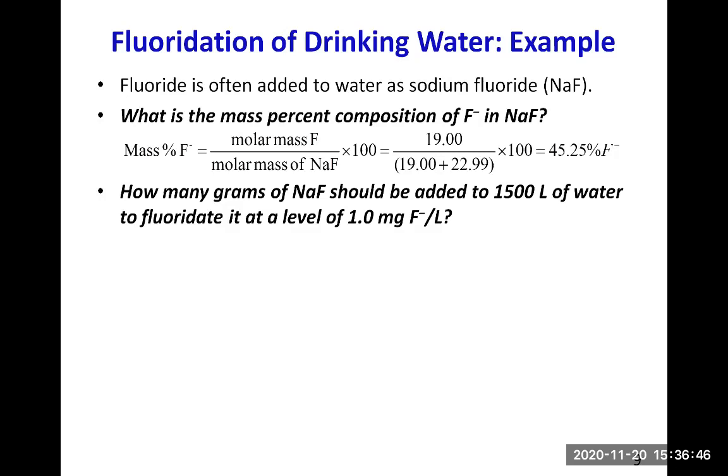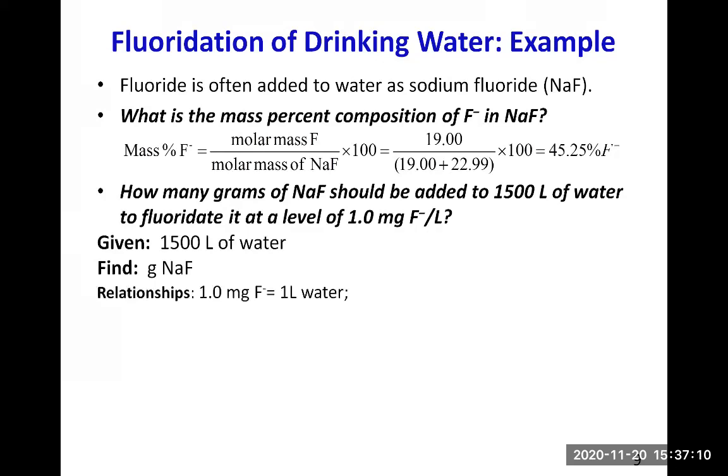The given amount here is the amount of water that we try to fluoridate, 1,500 liters of water. We want to find the mass of NaF in grams that we should add to this amount of water to fluoridate it at a level of 1.0 milligrams of fluoride per liter.